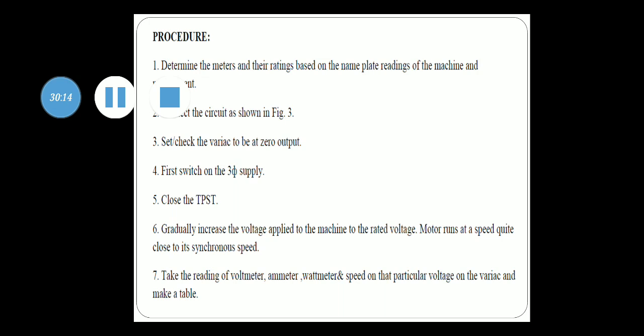The motor runs at a speed quite close to its synchronous speed. Then take the readings of voltmeter, ammeter, wattmeter and speed at that particular voltage on the variac and make a table.